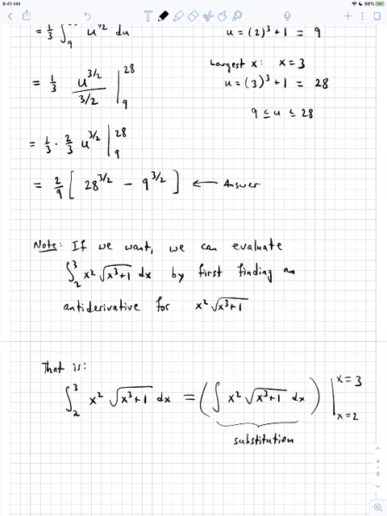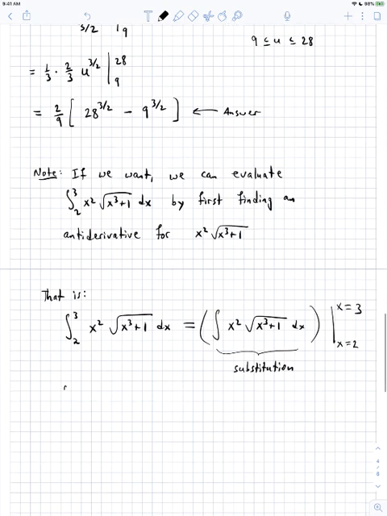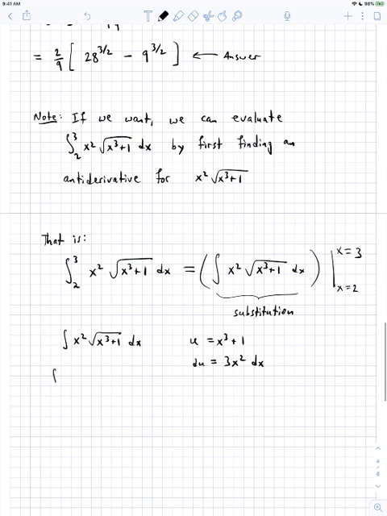So we can use substitution to evaluate that, and that will give us a function of x. You'll have the integral of x squared times the square root of x cubed plus 1 dx. Of course we do the same substitution, u equals x cubed plus 1, du equals 3x squared dx. So this is the integral of x cubed plus 1 to the 1/2, times x squared dx.